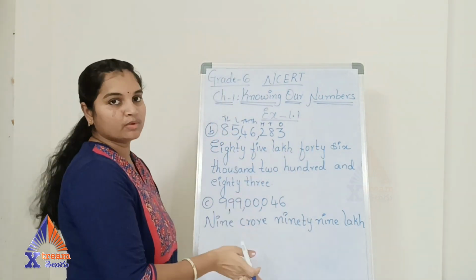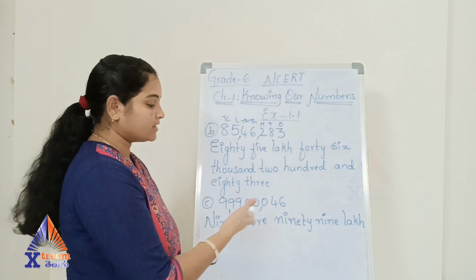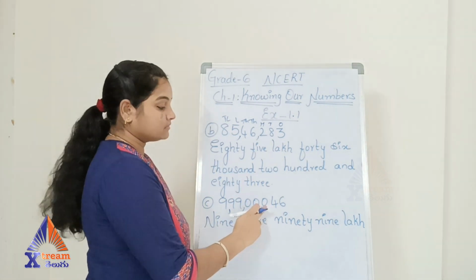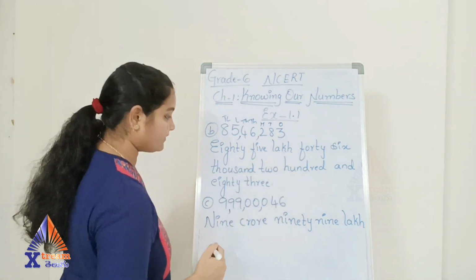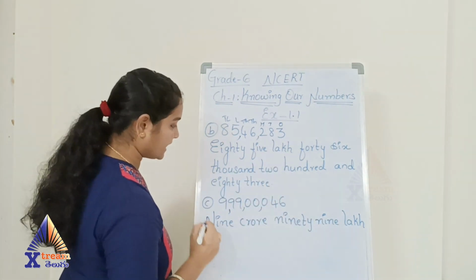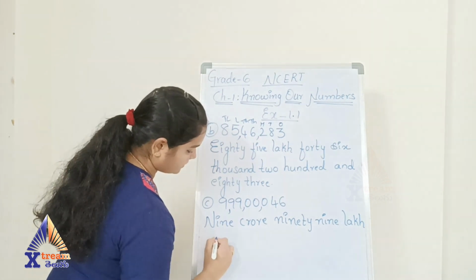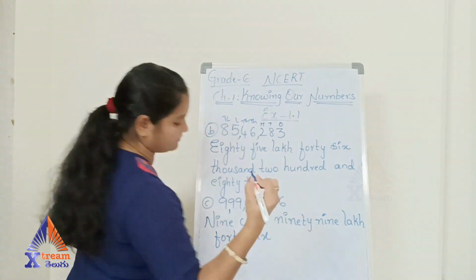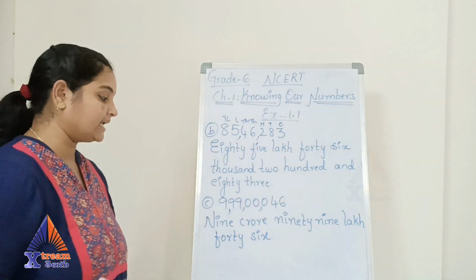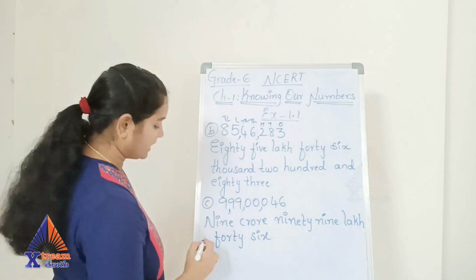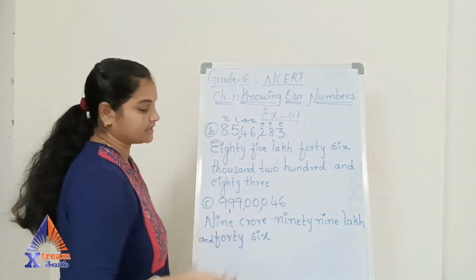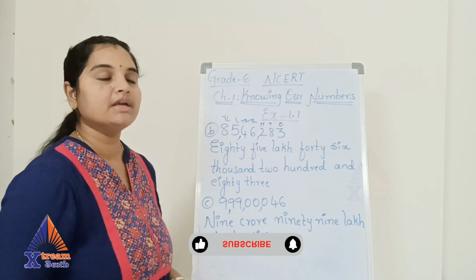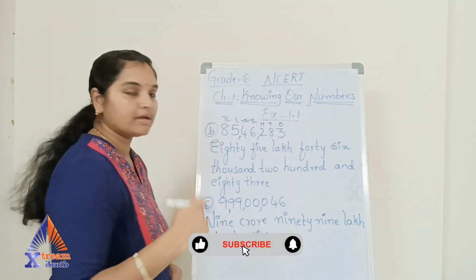A complete thousands place I don't have, so I don't mention it as 0,000 because I have zeros. I avoid writing thousands place value here, and I don't have hundreds place value also. So directly I'll write 9 crore 99 lakh 46. 9 crore 99 lakh and 46. If you want to add, you can simply write and 46 to avoid the confusion. If you have much clarity about the things, no need to write and. If you have a little bit of doubt, add and.